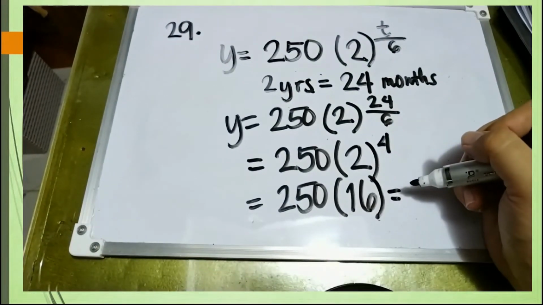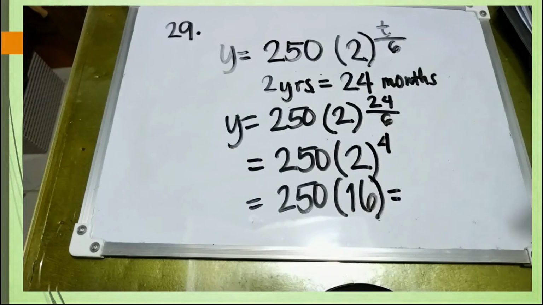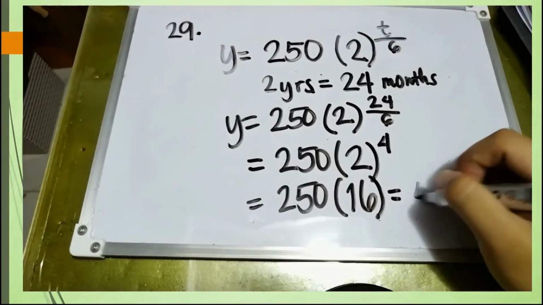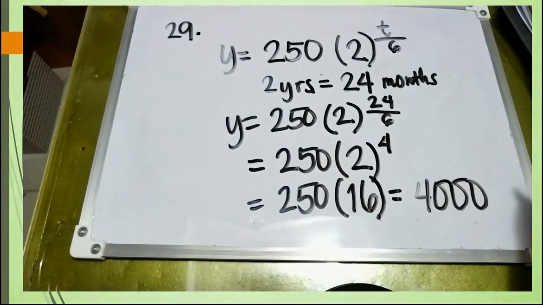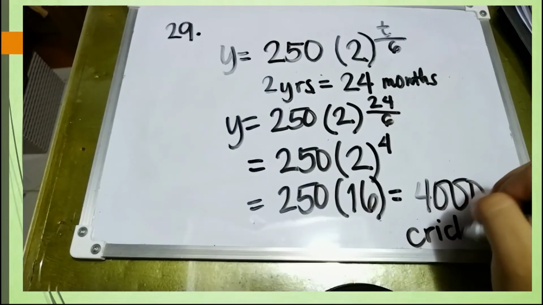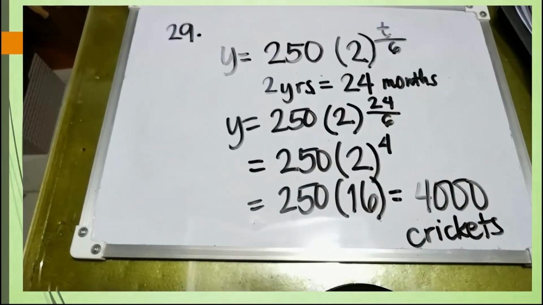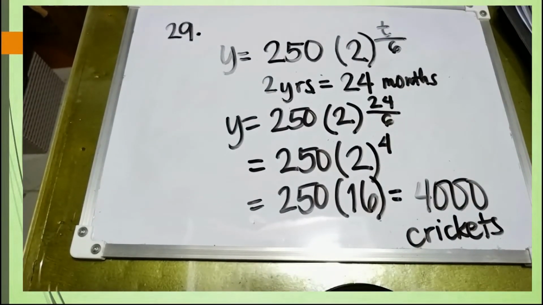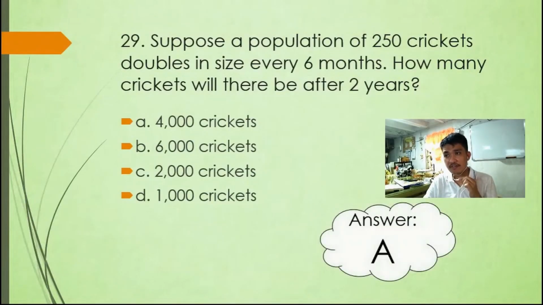That is 4,000. So the answer is 4,000 crickets. Now the answer is letter A, 4,000 crickets.